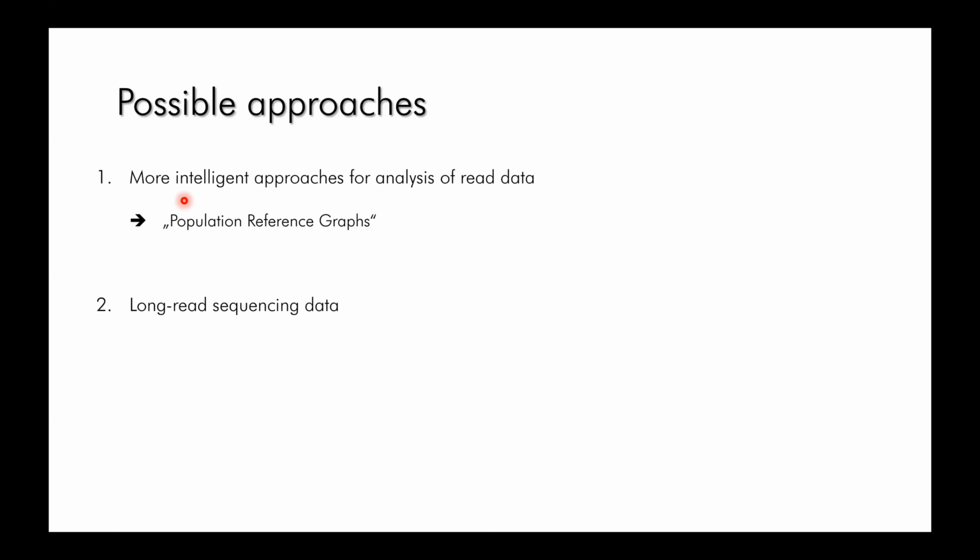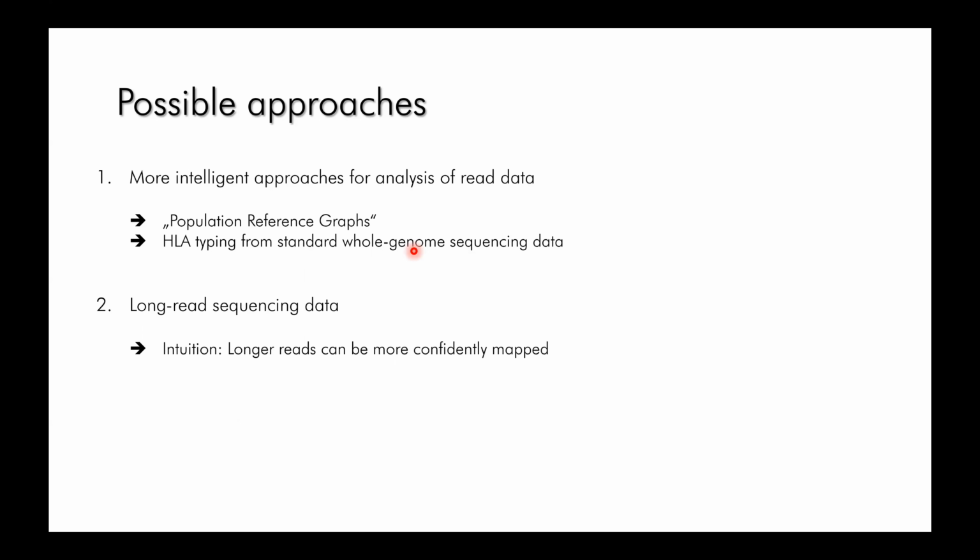In terms of becoming more intelligent about the analysis of the read data, I'll briefly talk about an approach called population reference graphs that you can use, for example, to do HLA typing from standard whole genome sequencing data, be these long or short reads. And then in the second part of the talk, I'll talk about the use of long-read sequencing data.